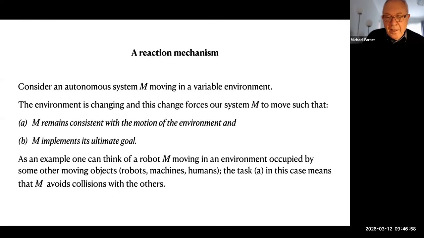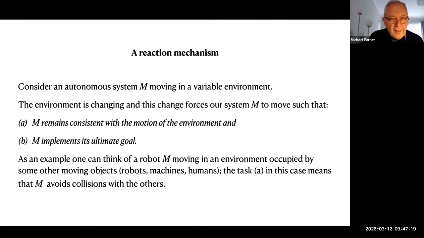What I say is applicable, of course, to a self-driving car, but it is also applicable to many other situations where you have an autonomous system, a drone or something autonomous, which needs to be consistent with the environment which is changing.